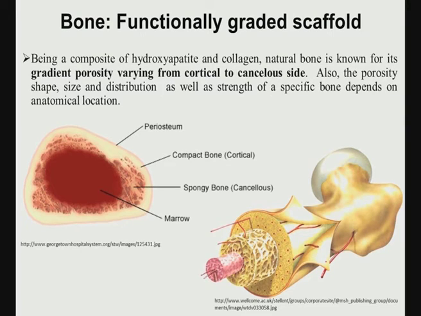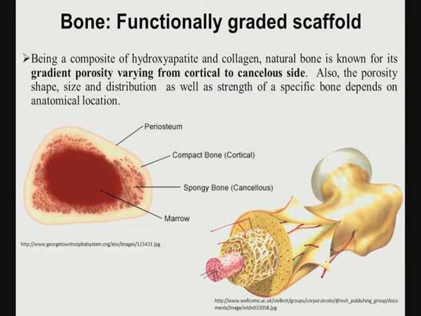Now, in the context of biomedical applications, these additive manufacturing or 3D printing based techniques have attracted a lot of attention simply because bone is a natural biocomposite made up of hydroxyapatite and collagen. Bone has varying porosity in the structure, and this gradient porosity varies from the cortical to the cancellous side.